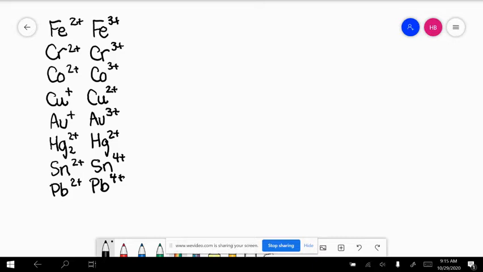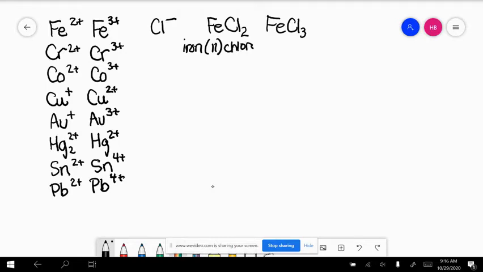If iron is with a -1 ion, you can see that it would form 2 compounds that would have either 2 or 3 of the negative ions. This one we name by saying iron 2 chloride. We change the ending to IDE when there's only 2 elements involved in a compound.